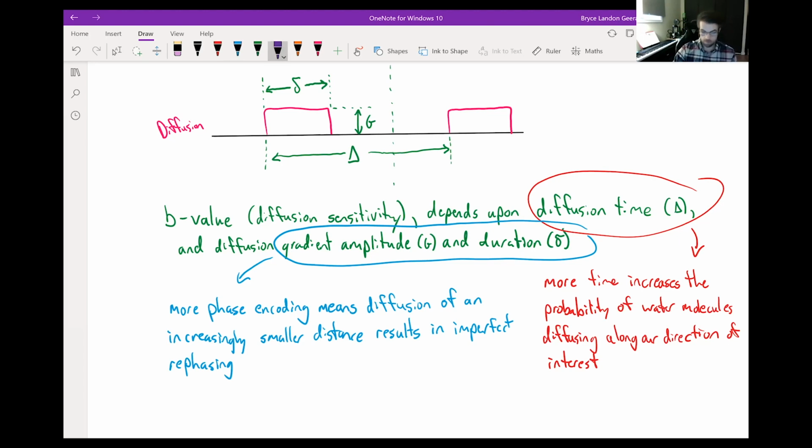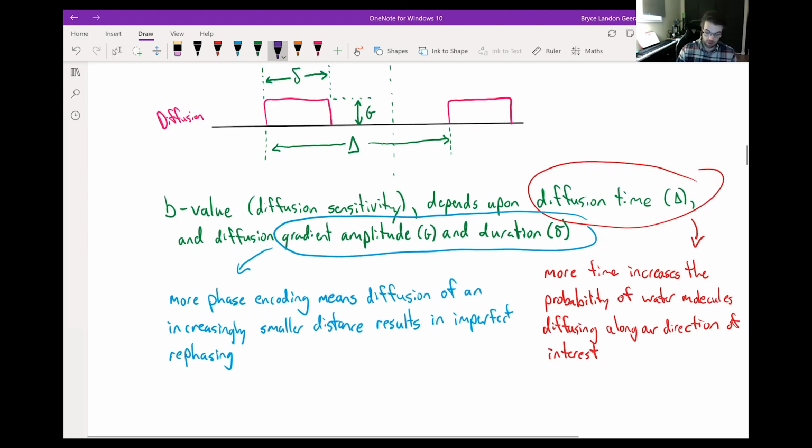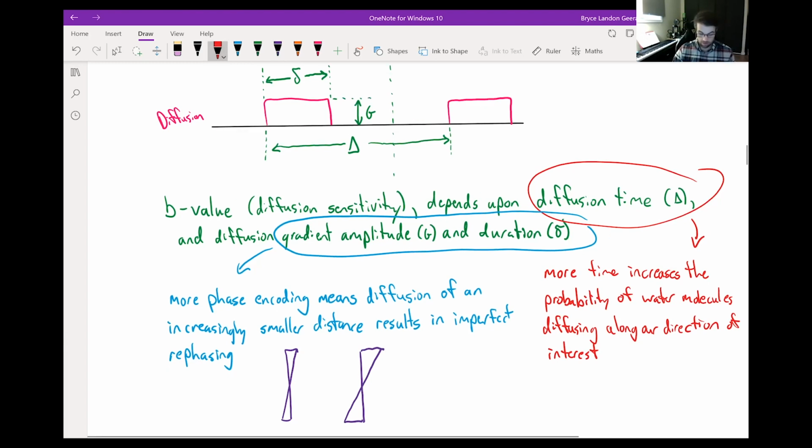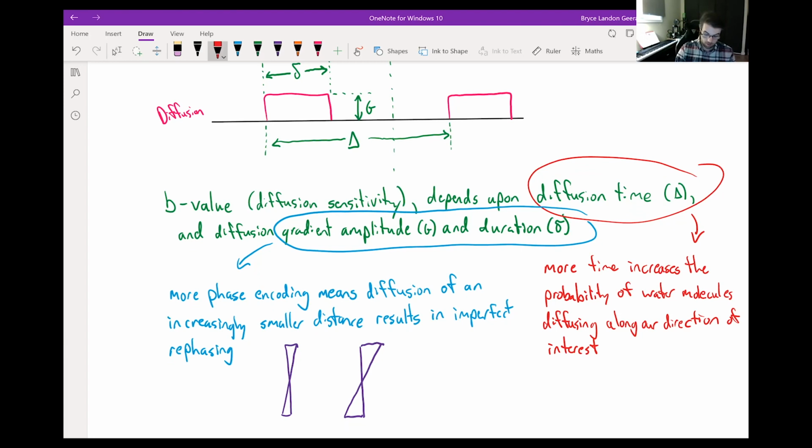The concept here visually is if we have a gradient like the one I drew before that has kind of a gentle slope, we'll say, versus a gradient that's much more powerful, applied for the same amount of time. If, for example, a spin moves from this slightly negative location, or this moderately negative location, slightly upwards or slightly downwards, it's going to see a gradient that's similar in amplitude.